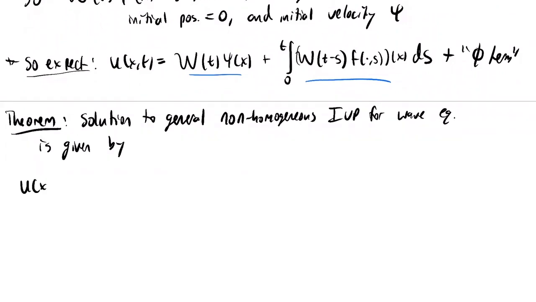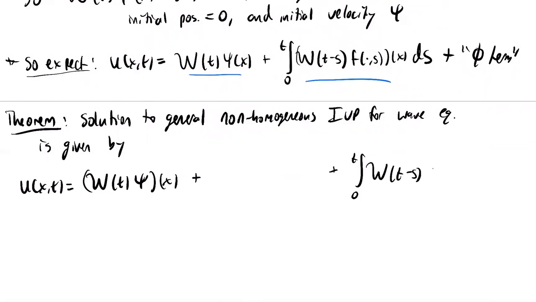We have u of x,t equal to this wave operator applied to the initial velocity psi at x, plus another term which corresponds to phi, plus the term we had here. The phi term turns out to be not the wave operator applied to phi, but just the derivative of that with respect to t.